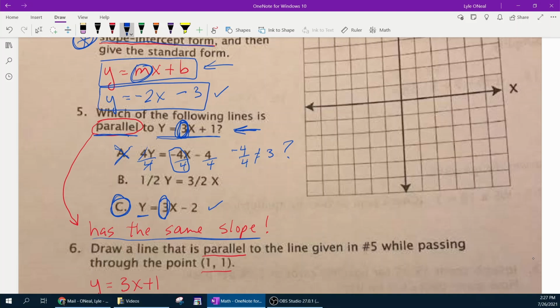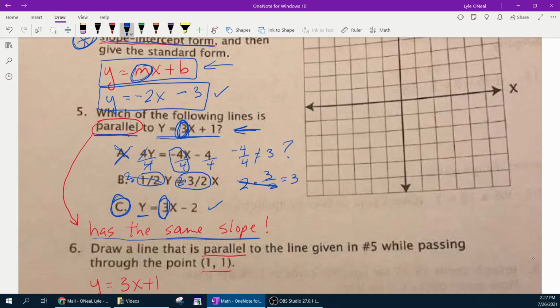And so that means that A would not be a correct answer choice. And then for answer choice B, in order to get rid of this fraction, you would have to multiply by the common denominator, which is 2. So if I multiply by 2 to get rid of the fraction, that means I'm going to have 2 times 3 over 2 for the coefficient of x, and these 2's will cancel and leave us with a 3.